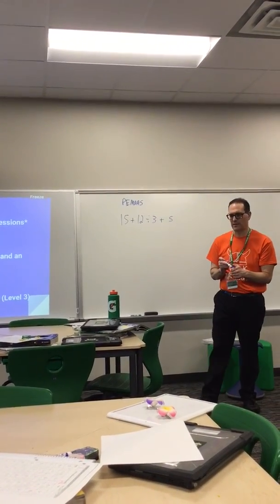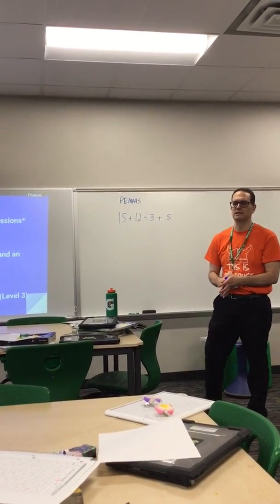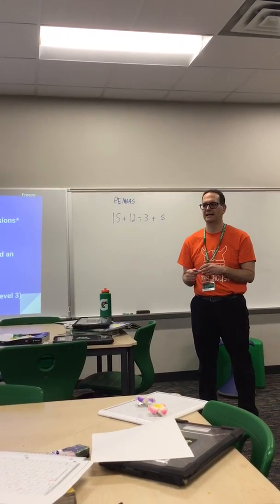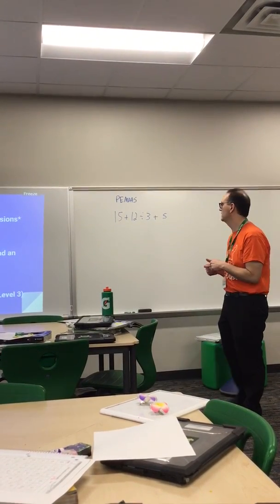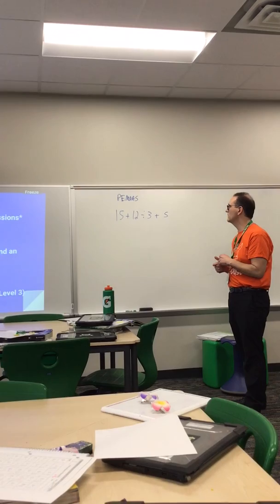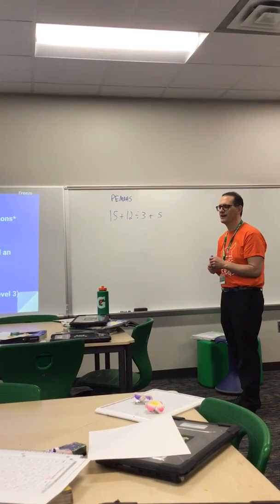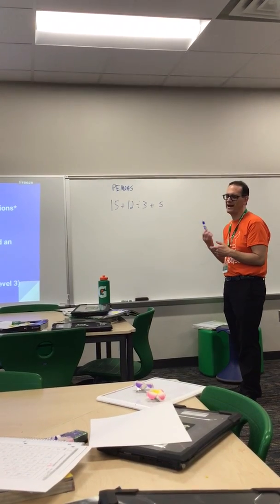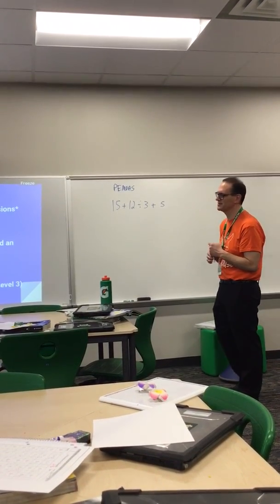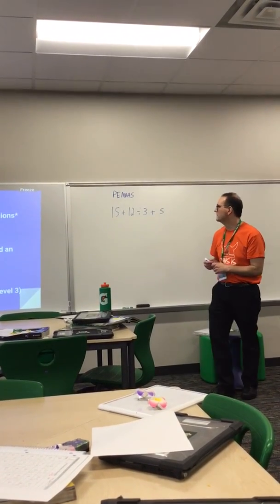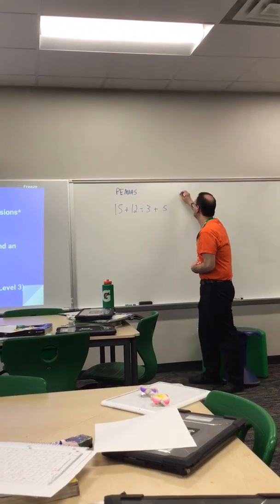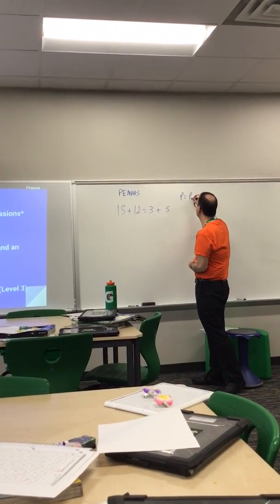If you don't remember, there's a mnemonic for it: Please excuse my dear Aunt Sally. Or put even mustard and, I don't know, you can come up with your own if you want, but how I learned is please excuse my dear Aunt Sally. P is parentheses.